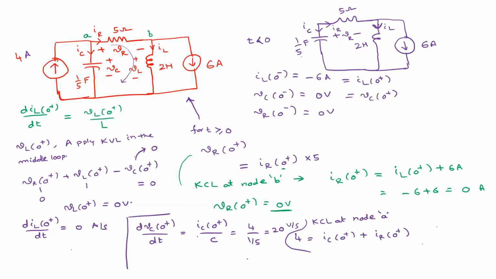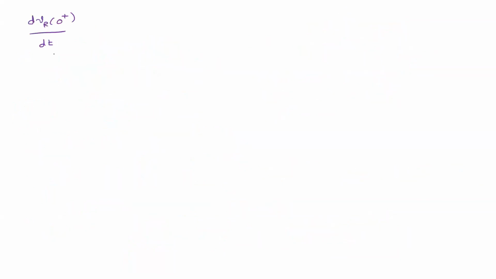So what we have to do is, for this dVr of 0 plus by dt, somewhere, if we apply KCL, we will find out this Vr of 0 plus, right? So differentiating this one, you will get dVr of 0 plus by dt. Okay, right?